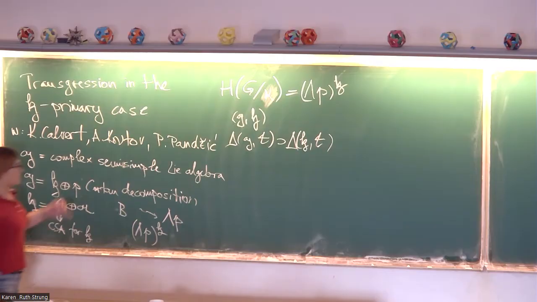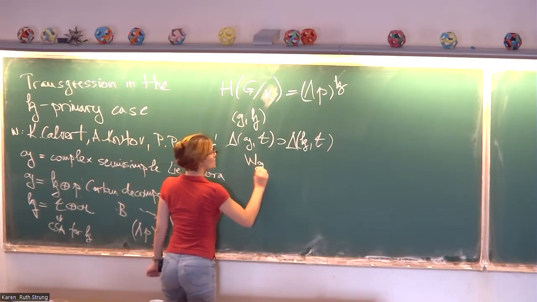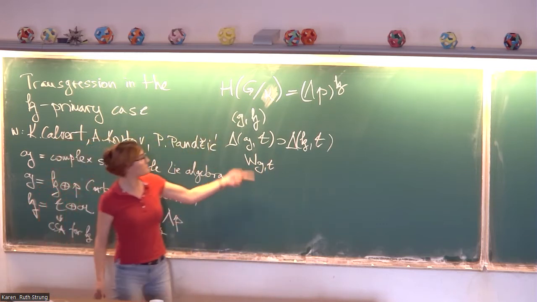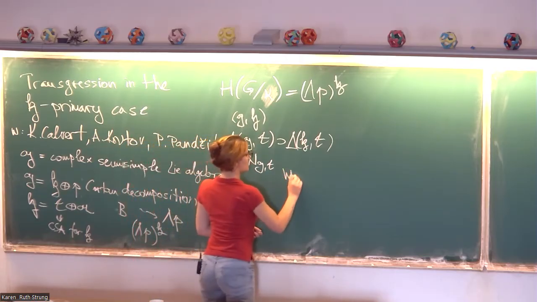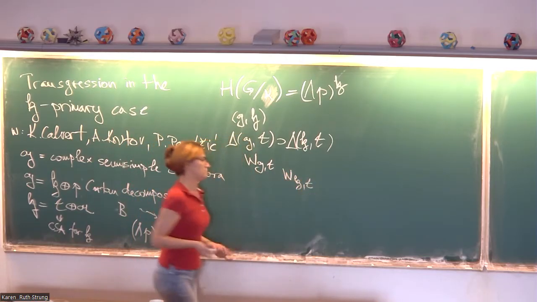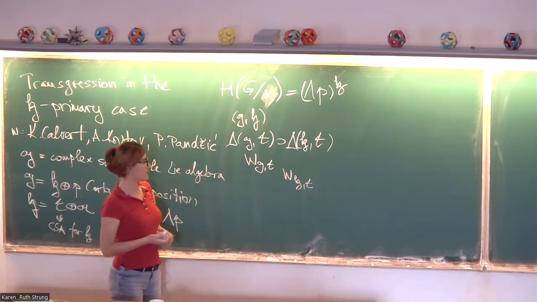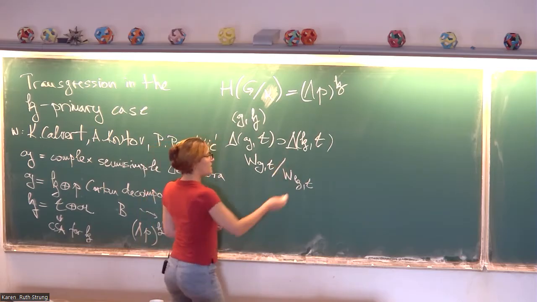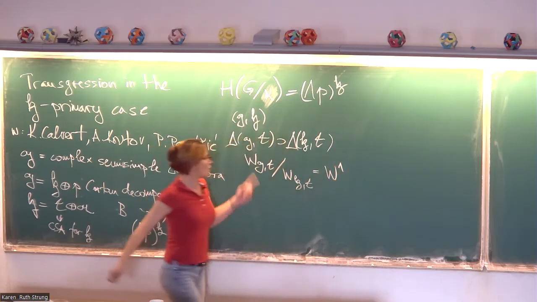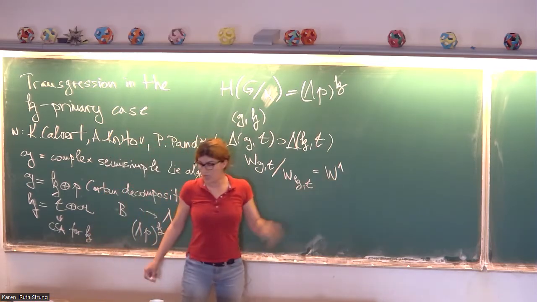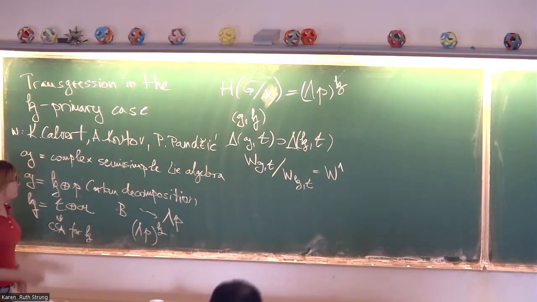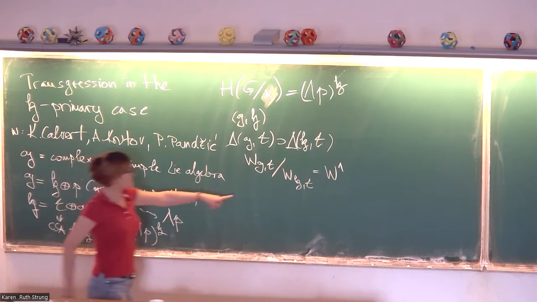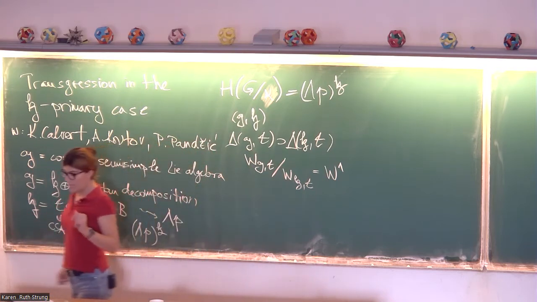And if I denote by WGT the Weil group with respect to these roots, and analogously KT, the Weil group for KT roots, then we can quotient it and we get a coset of Weil groups, which generally speaking is not a group because this is not a normal subgroup here.